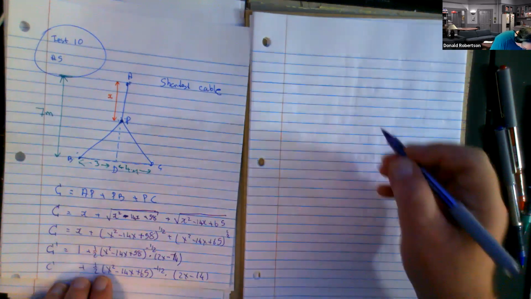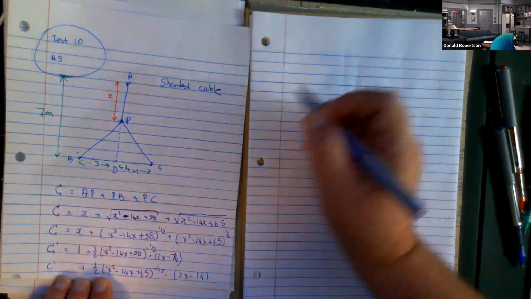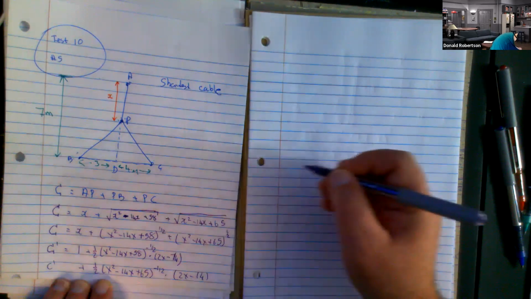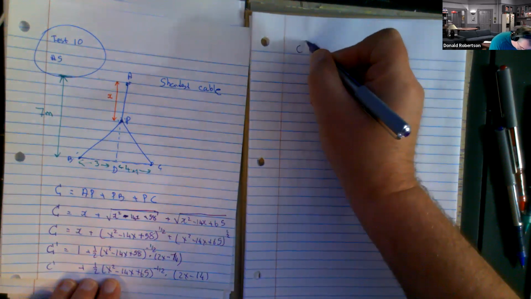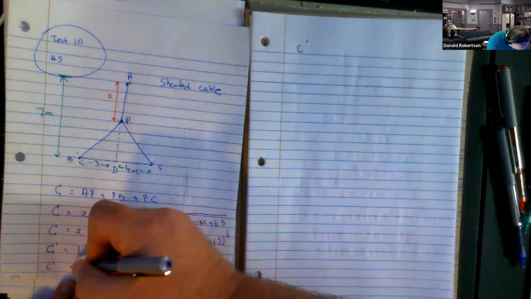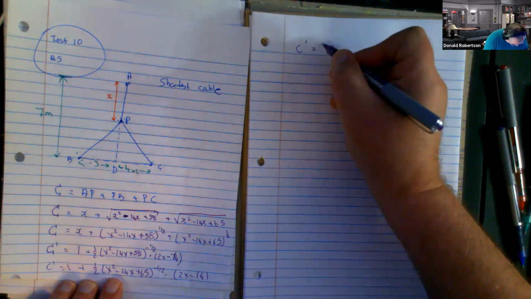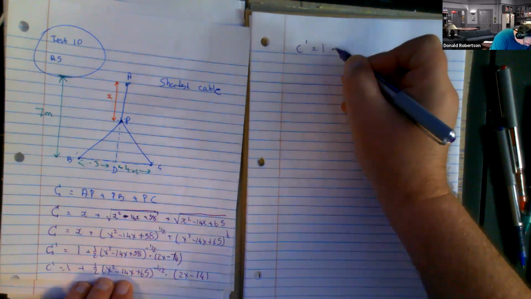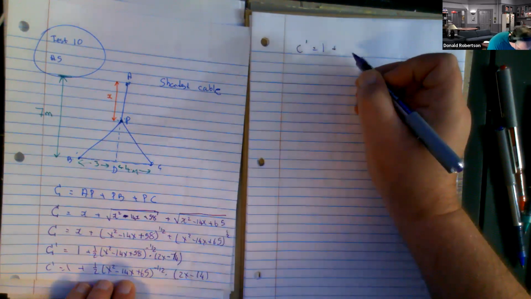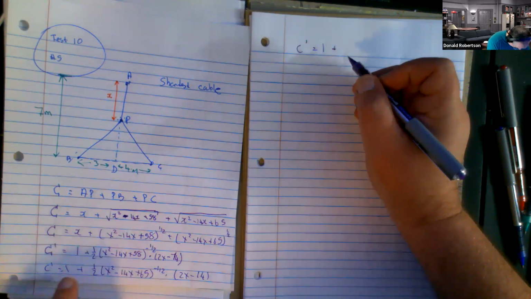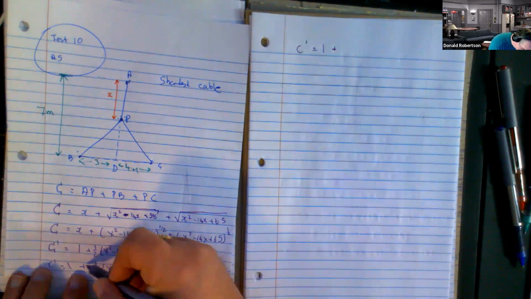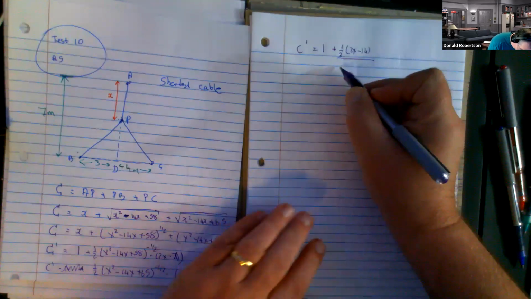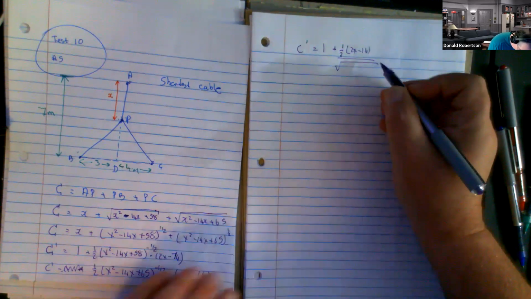So, C dashed is equal to 1 plus 1/2 times 2x take away 14 all over the square root of this guy.